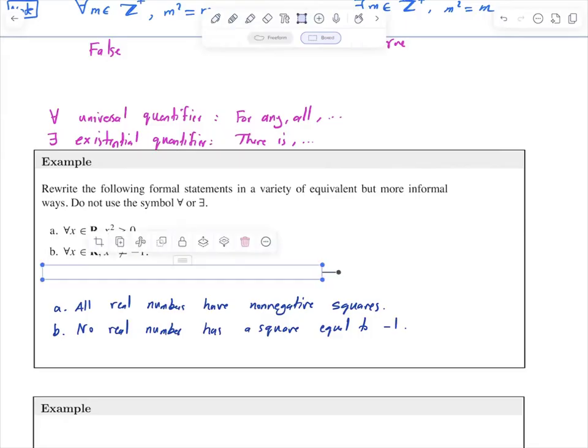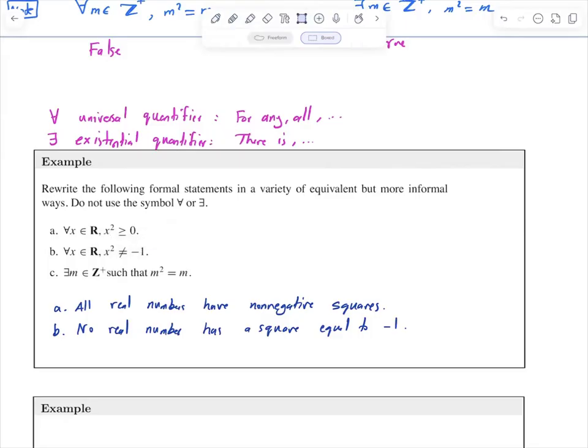Let's take a look at another example. There is a positive integer such that its square is equal to itself. You can write it this way. Some positive integers equal their own squares.